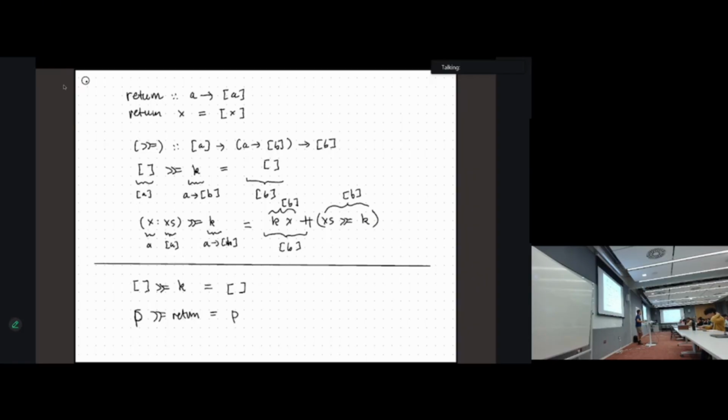Let me translate that. So we were discussing what happens if, suppose that return x equals this, right? Which would mean that p bind return is equal to p bind const this.